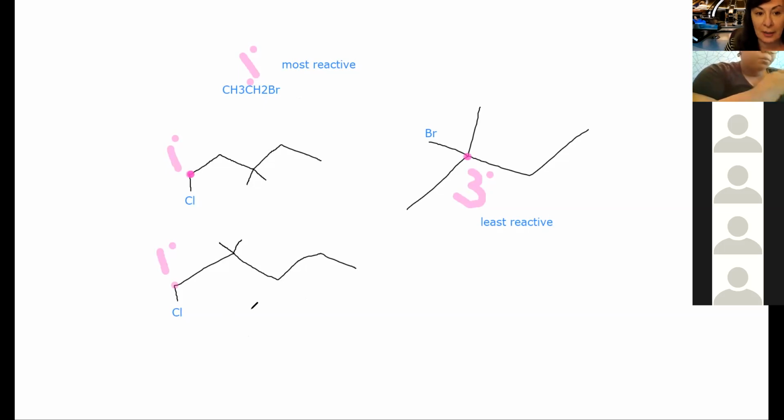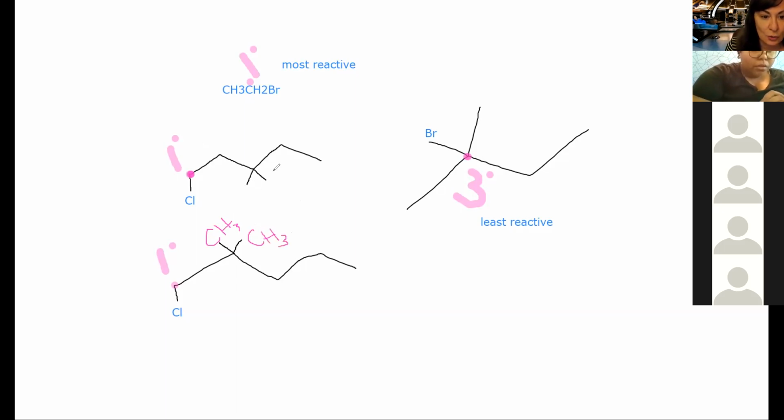So the question becomes, which one of these guys is easier to attack from the back? Because this is an SN2 reaction, okay? So if you have big bulky neighbors on the back of the molecule, that's going to affect your outcome. The closer the big bulky neighbors are, the worse it is. You guys might remember that this is a methyl group here, right? And this is another methyl group here.